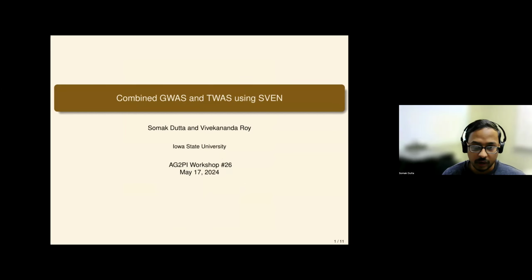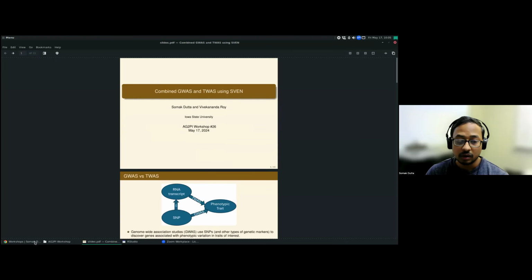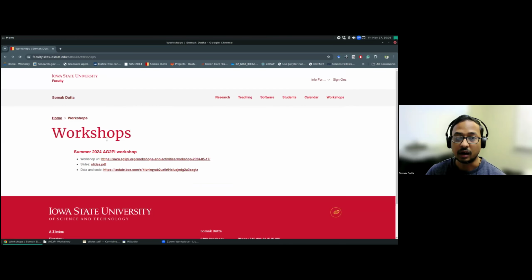And after around 1 hour, we will take a break, and then we will flip the workshop, and we will let you run code on the data set that we use to demonstrate. Now, the code and the data are available on this website.